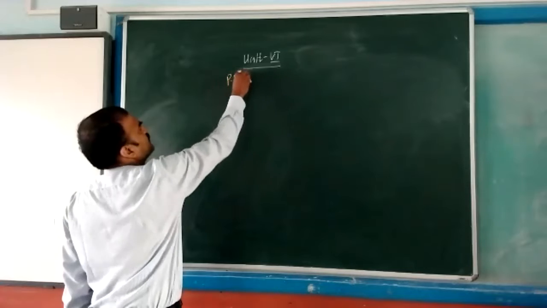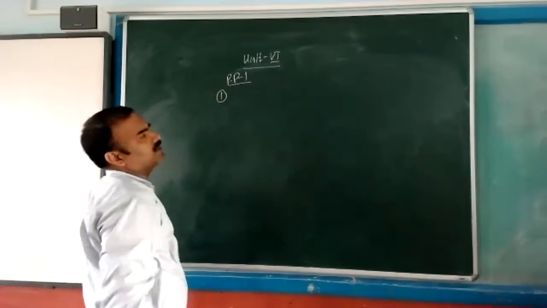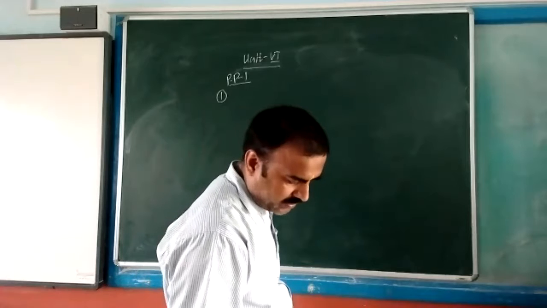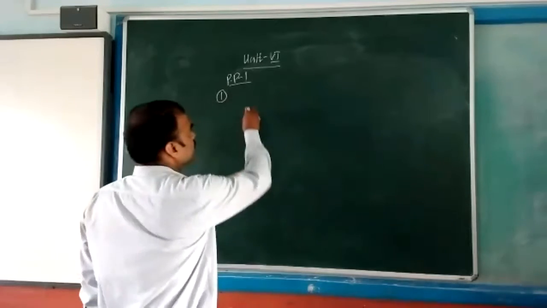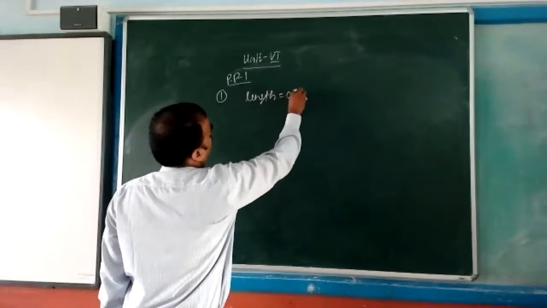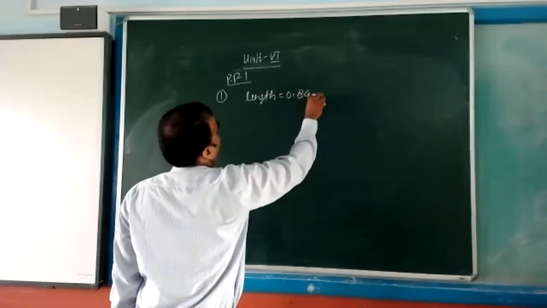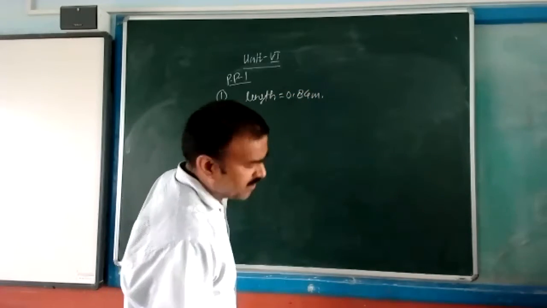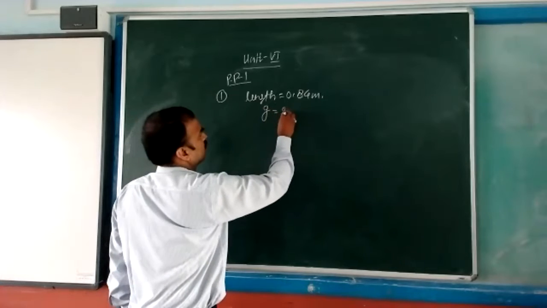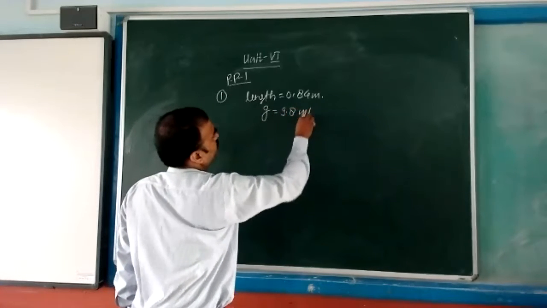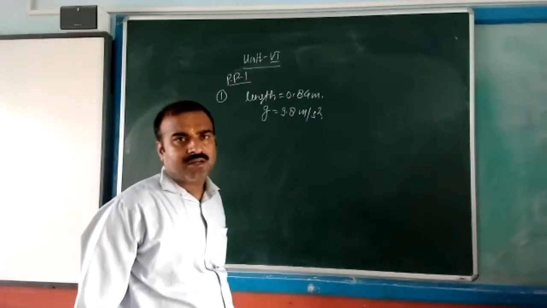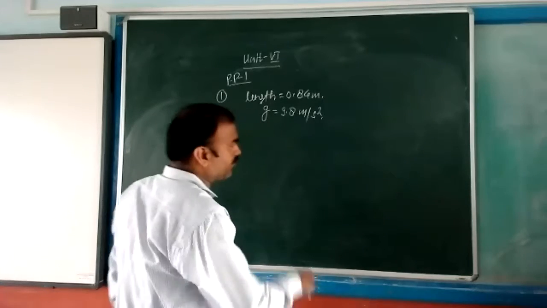Practice problem first one. Length given is 0.84 meter. Acceleration due to gravity is 9.8 meter per second square. What to calculate? Time period.